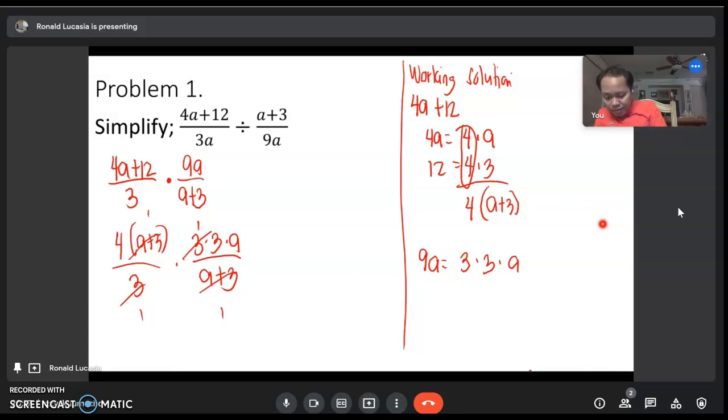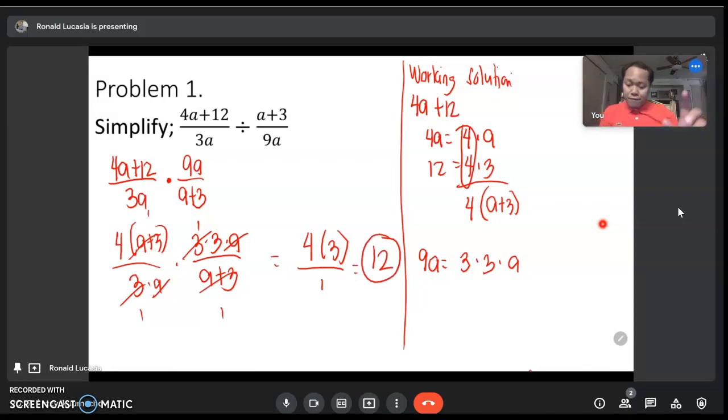It's 3a. So I'm going to cancel this one as well. So I am being left there with 4 times 3 over 1 or 12. So 12 is the simplified form.